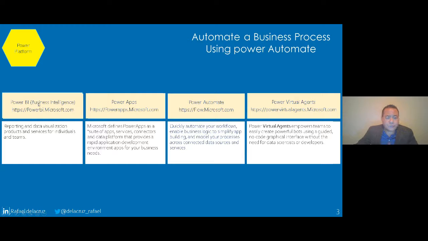Power BI, I'm pretty sure you know about it, as well as Power Apps and Power Automate. And I actually added here how you can log into it. Basically, you see that it is the same: powerbi.microsoft.com, Power Apps, Flow. They actually changed the name, but they couldn't change the DNS entry. And then Power Virtual Agents, which is this.